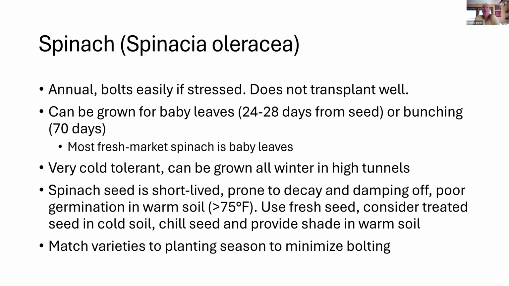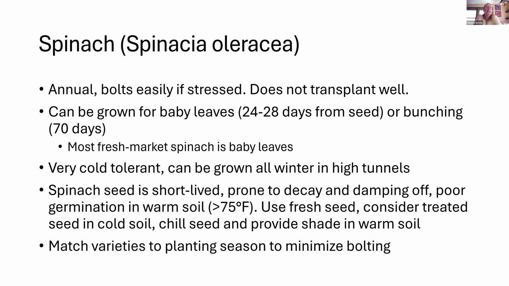Spinach seed is really short-lived, and it's very prone to decay and damping off. It also has very poor germination in warm soil. So you want to use fresh seed. You want to consider using treated seed if you're growing in cold soil. So for instance, your spring spinach crop.